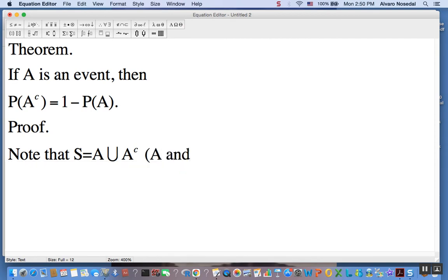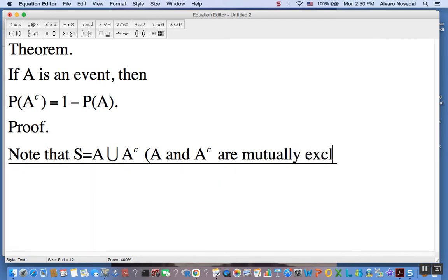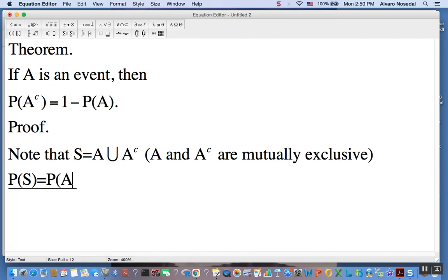So we're going to say that A and A complement are mutually exclusive. But that means that if we want to compute the probability of S, that's the same as finding the probability of A union A complement.